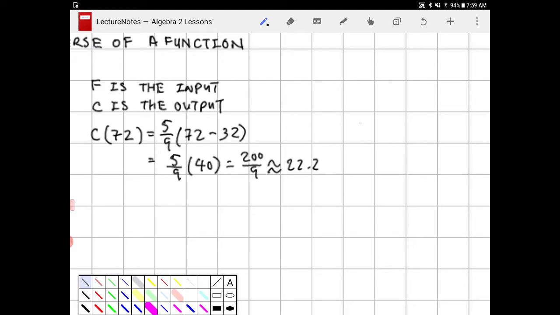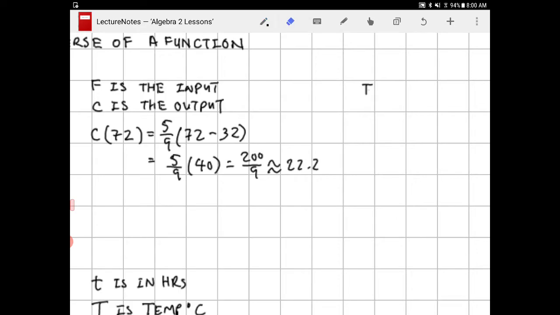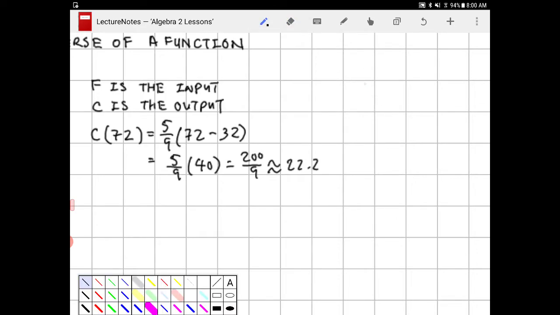And so what then? Well, the situation is we want the temperature input now to no longer be F, but to be C. So we want C to be the input, and we want F to be the output.